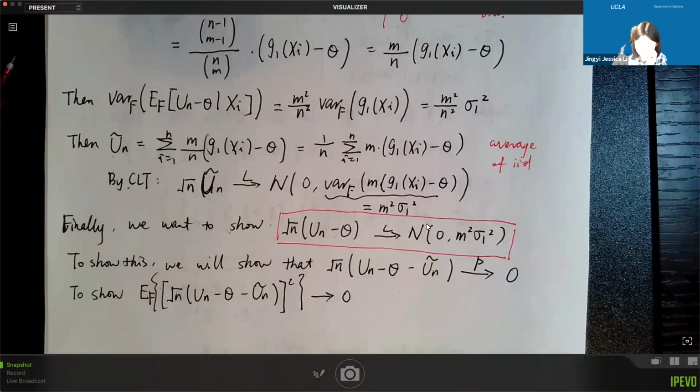And in order to show that, we can actually do two things.